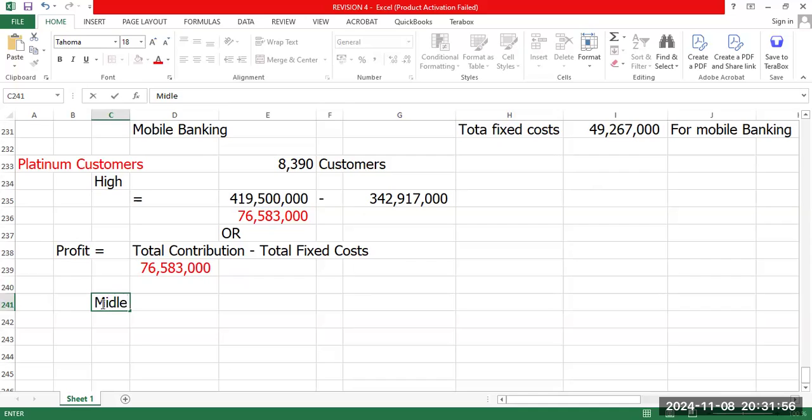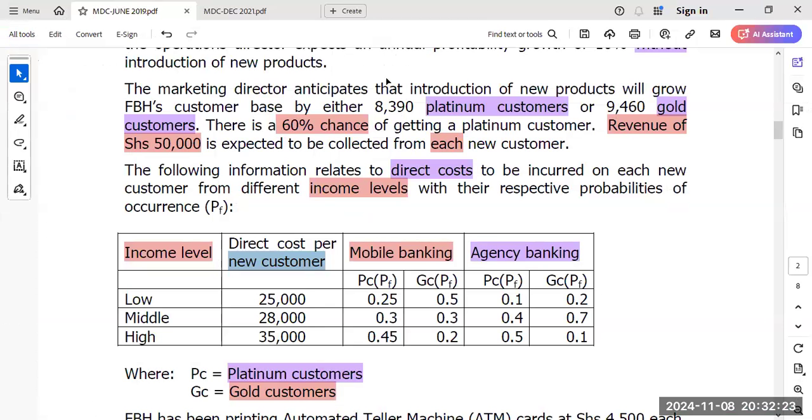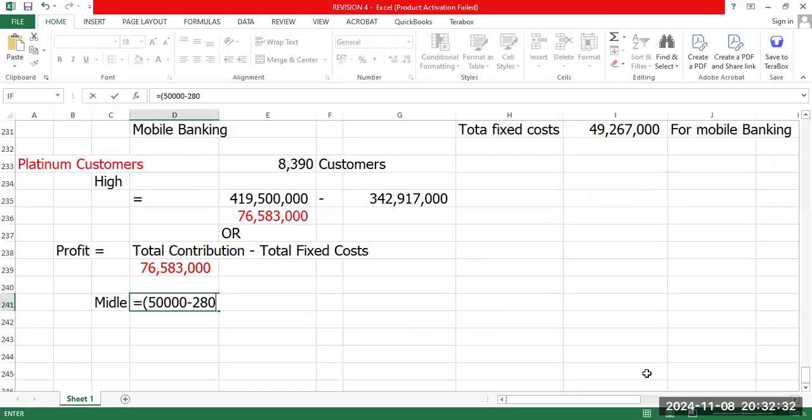By getting for mid-row, the profit for mid-row will be, I just get now revenue, which is 50, minus, in the question, what is direct cost for mid-row? 28. So minus 28,000, then times the number of customers, this, minus fixed costs, this one.